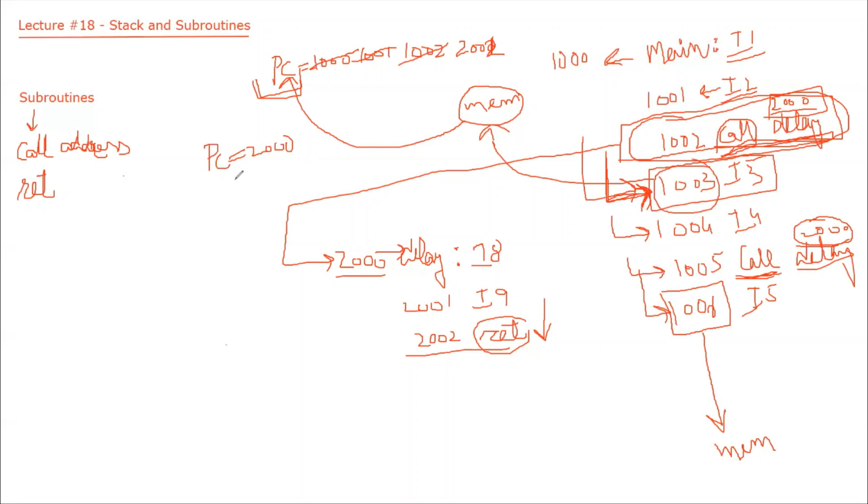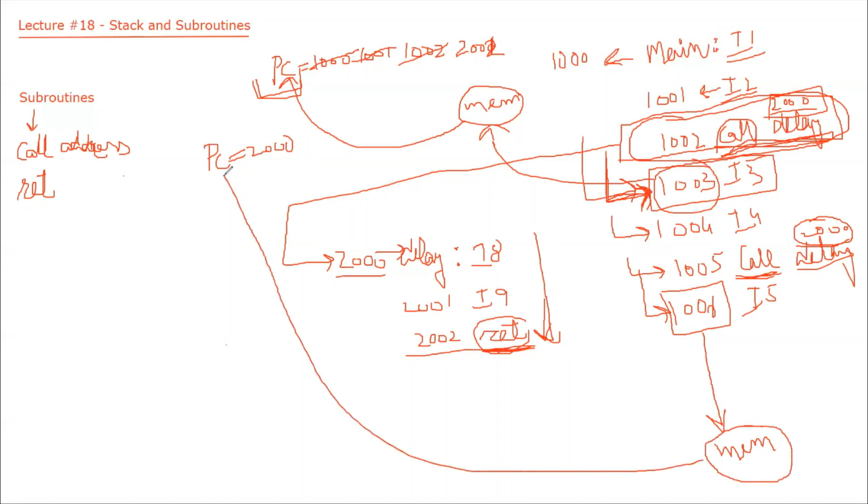So when our program completes this subroutine and executes a return instruction, it will get this return address from the memory and store it in the program counter. And this memory where the return address is stored is our stack memory. So our return address is always stored in stack memory.